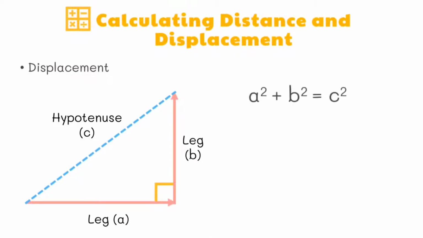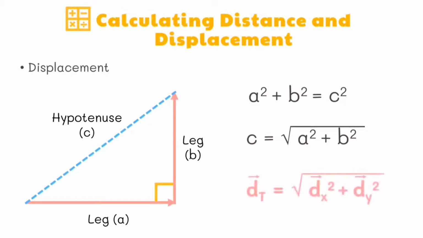Thus, we can get the formula c is equal to the square root of a squared plus b squared. So our formula for the displacement is the square root of dx squared plus dy squared, or the displacement on the x-axis squared plus the displacement on the y-axis squared.